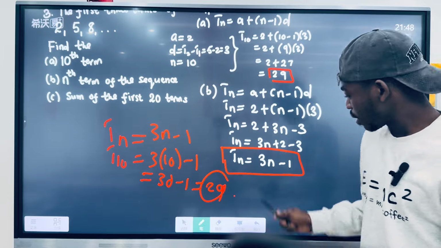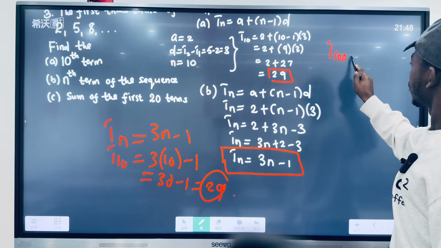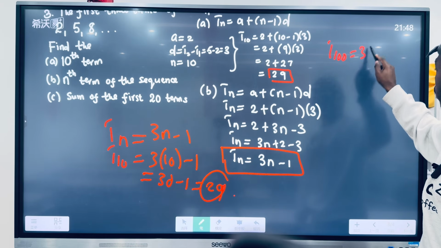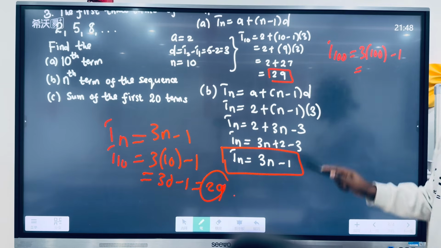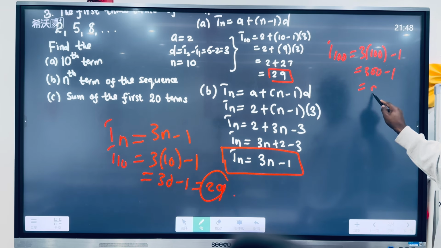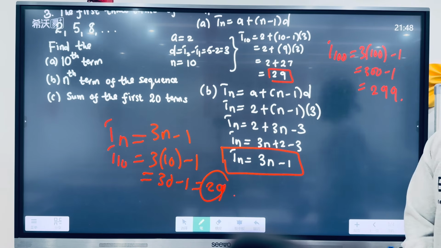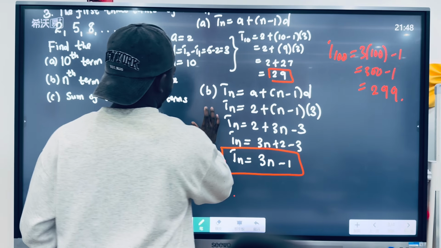Using this will be very easy: 3 multiplied by 100 minus 1. 3 times 100 is 300, minus 1 is 299. That is what we mean by the nth term of the sequence.